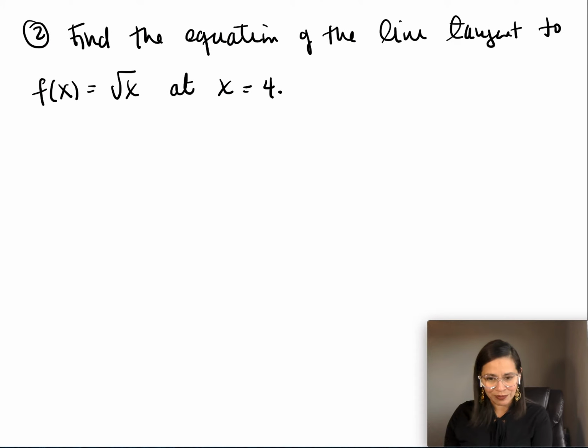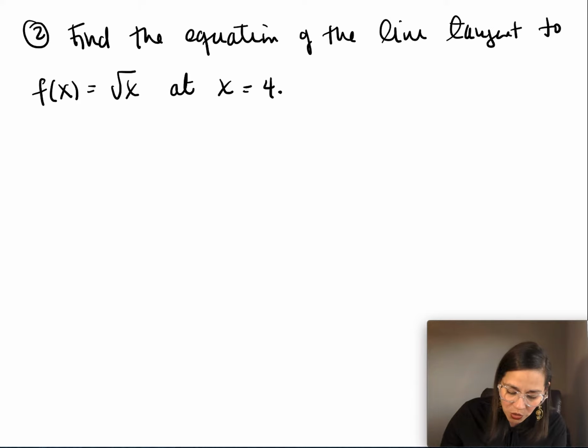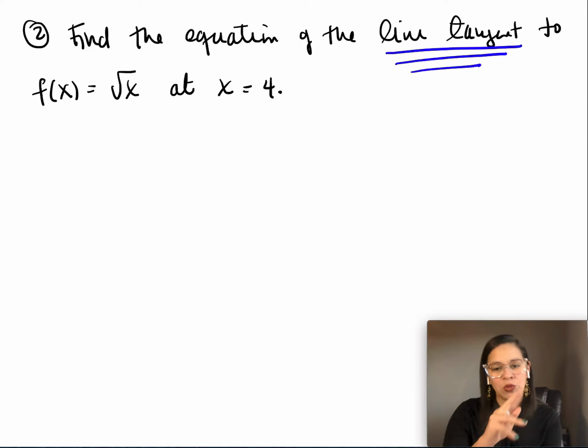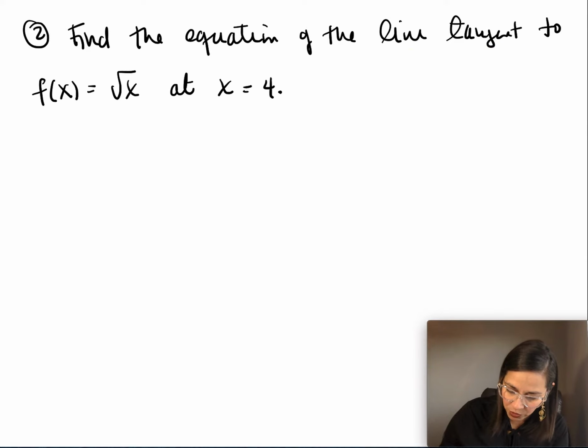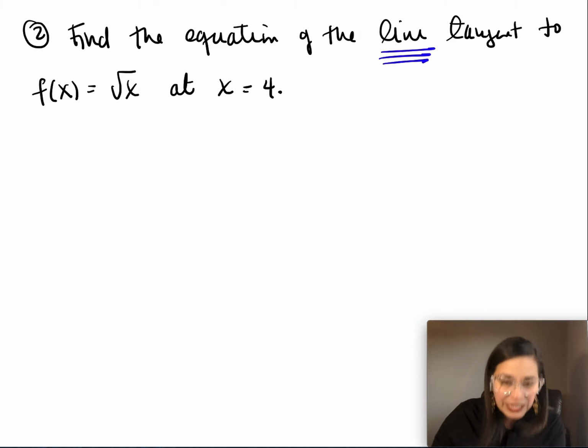at x equals 4, okay? Now, you know that if you're computing the equation of a tangent line, you need two things. Actually, if you want to compute the equation of any line, you need two things.